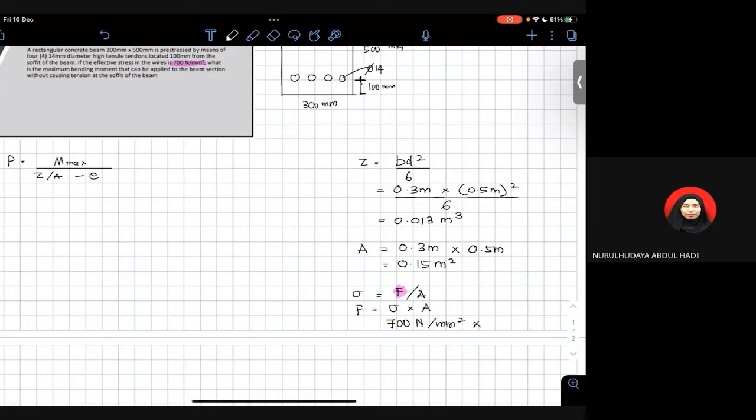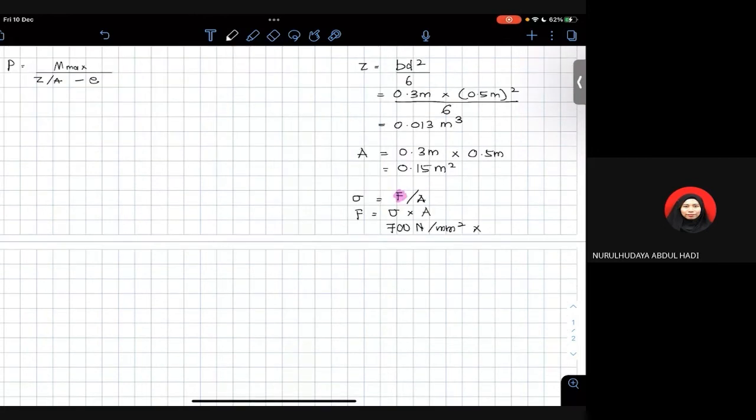And A here, kita mesti ingat, this is area of the reinforcement, the tendon. Bukan area konkrit. Sebab yang kena pre-stress tu adalah tendon. Kita kira area of the tendon. And kita tahu tendon ni ataupun bar ataupun main reinforcement whatever, the formula is pi r square sebab dia bulat lah.